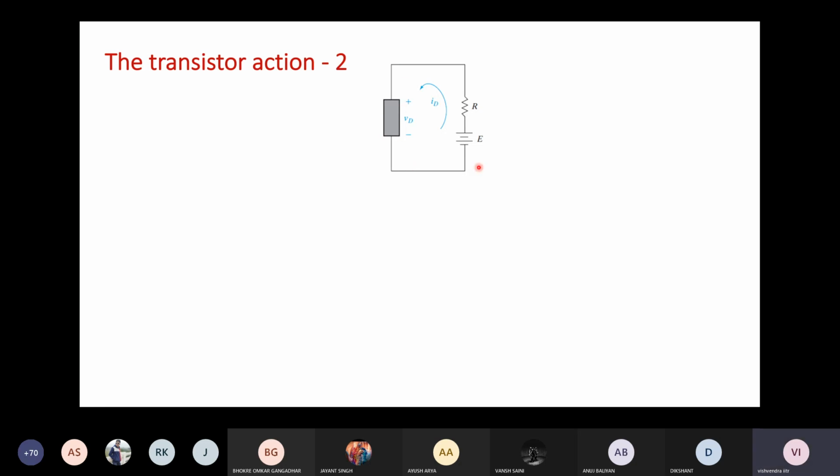We are just showing the two terminals through which the current will be flowing. Please remember that we have not gone into the specifics of the transistor yet. We have not discussed what a BJT or a FET actually looks like. We are just discussing the transistor operation in an abstract way.